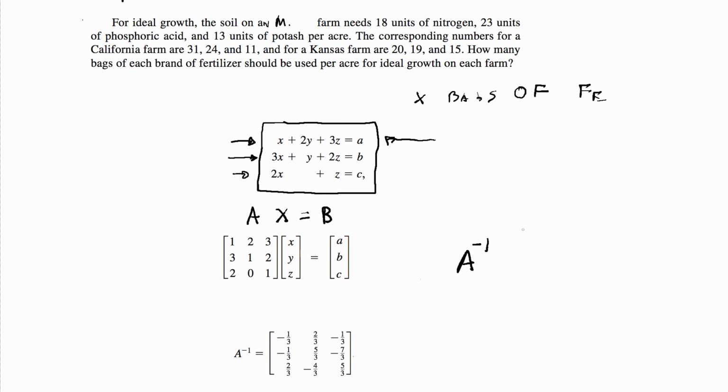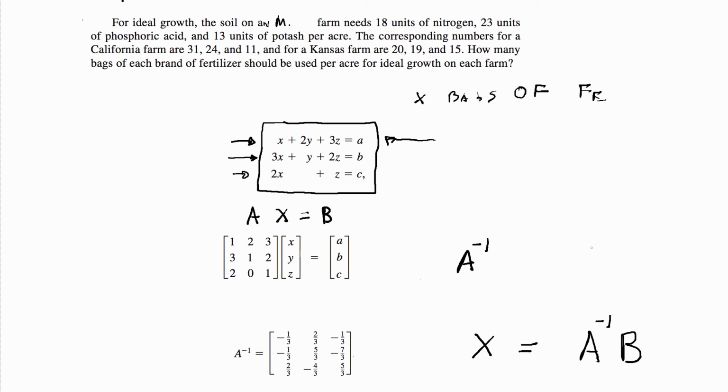We know the solution to our equation is that X has to be equal to A inverse times B. It's very critical that you have the A inverse on the left. You may try to search for some examples.